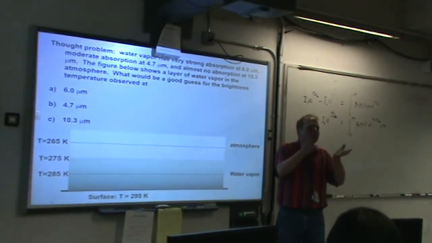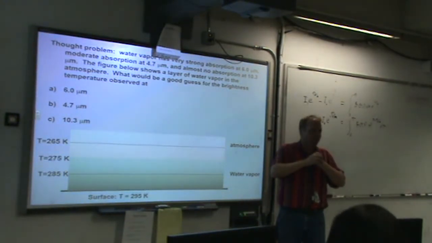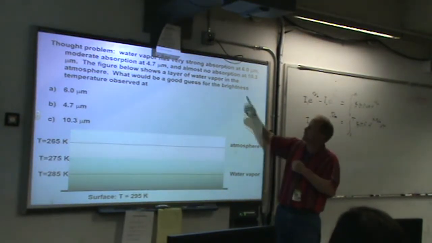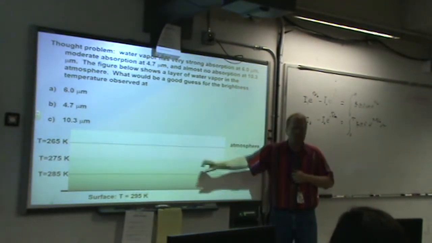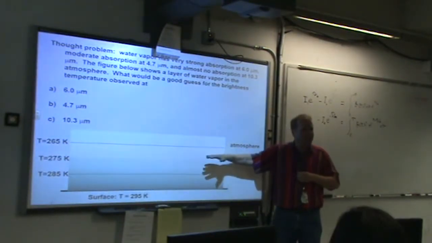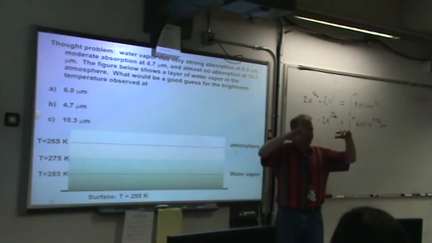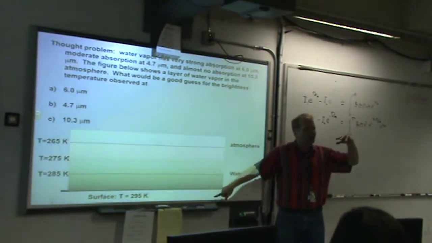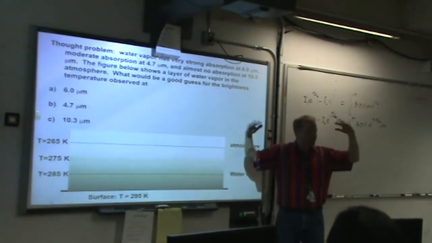But the amount of emission depends on the temperature, and the emission is at a lower intensity because so much of it is absorbed. And the amount of smoke you see depends on the wavelength. So if we're at 6 microns, it's like we're seeing a very thick plume of smoke. We're not seeing any light coming from the surface. But the top of the smoke is still glowing, just not glowing as much as the surface. At a lower temperature, it doesn't glow as much.